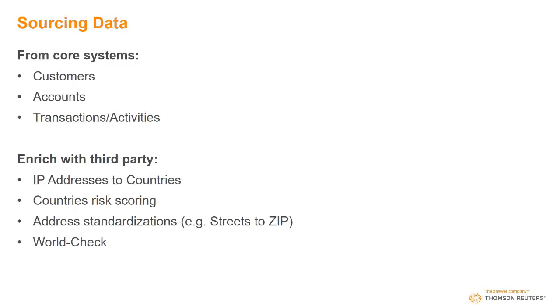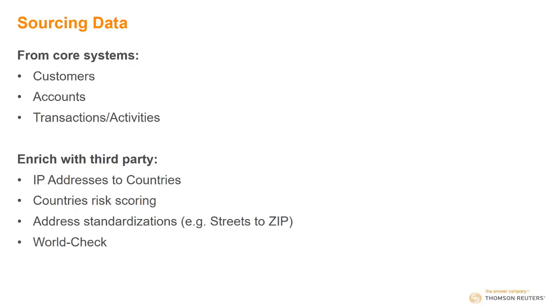One of the things we have seen customers do very well, and which made a big impact for them, is looking at ways to enrich the data that they have. How can you enrich that data? For example, if you're in banking or any other financial institution, and your customers are doing a lot of online transactions with you, you can take the IP addresses and enrich them to know where exactly they're transacting from.